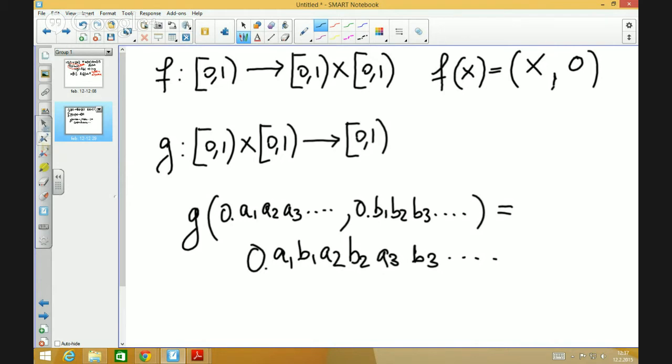Because if you put 2 different numbers, the output is going to be different, because of the way you constructed this. And you can argue about this at home. So this thing is an injection, and this other thing is also an injection.